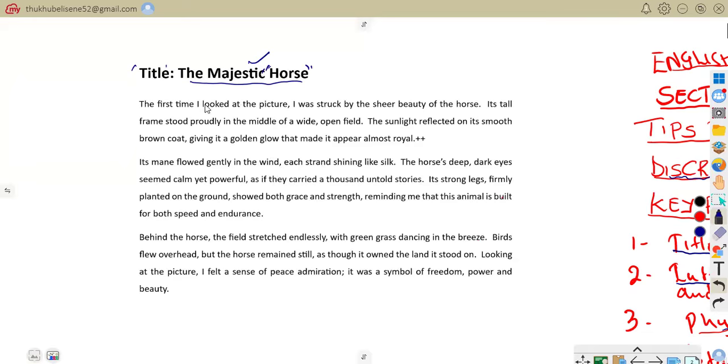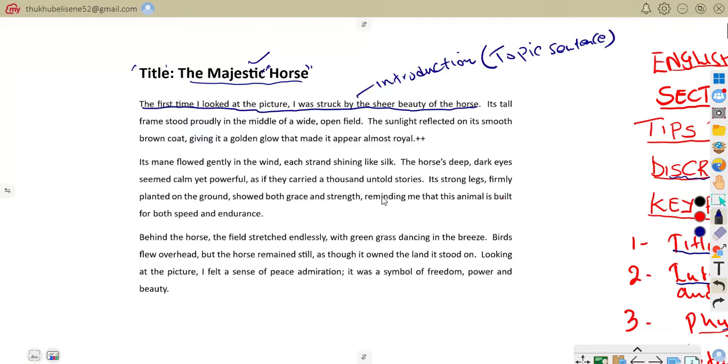So we are introducing this picture by saying, the first time I looked at the picture, I was struck by the sheer beauty of the horse. This is our introduction or topic sentence. That is that. We said we introduce the picture and set the tone.